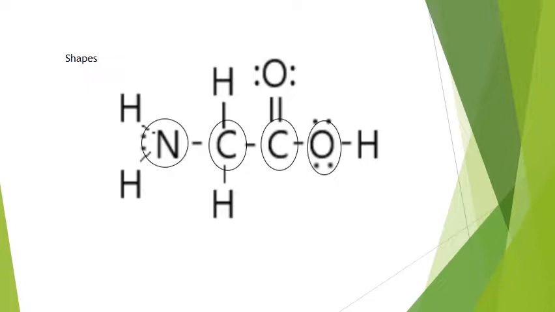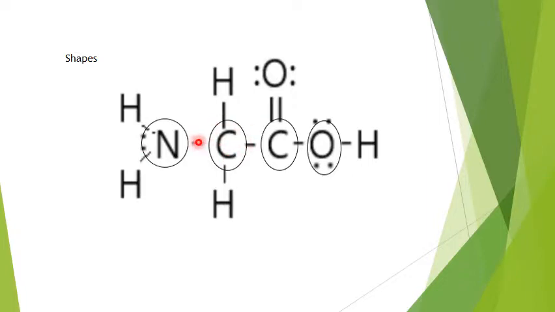Now you saw something like this in the first PowerPoint, talking about the basics of this class. What I ask you to do, and you might see something like this on the test, is for the circled atoms, what are their shapes. So this atom here has three connections and 1 lone pair, so it's going to be pyramidal because of the lone pair.